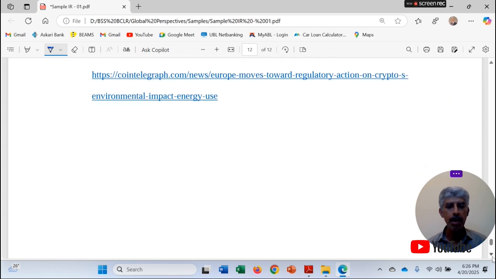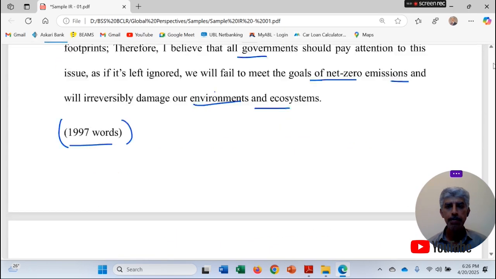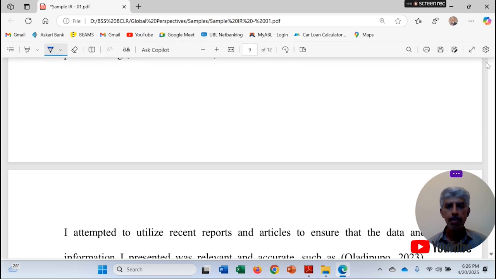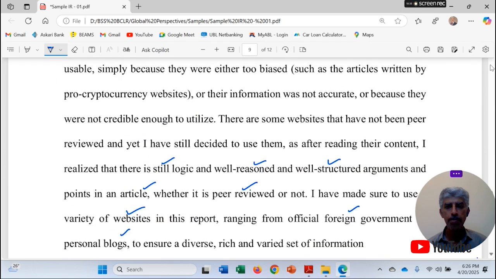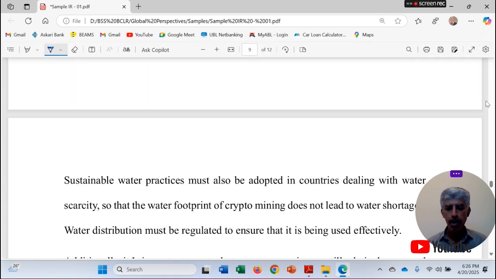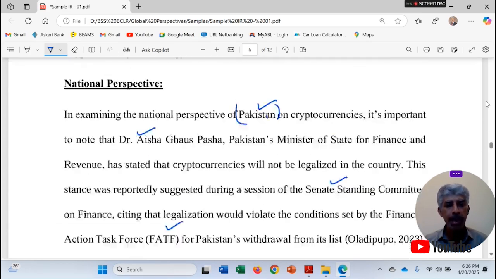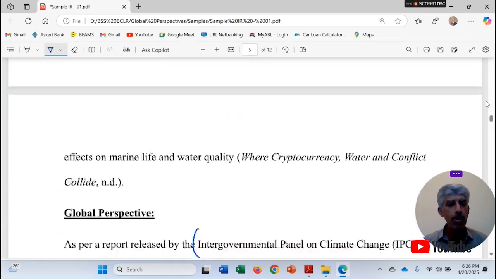So this is how the references are given, in very APA-style referencing, for the whole of the report. And this report is a sort of A-grade report.